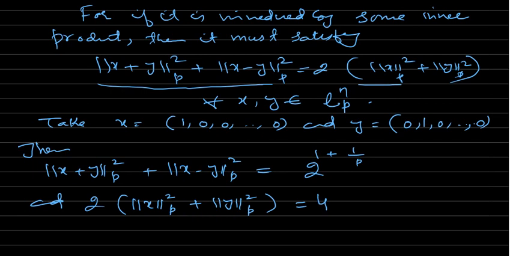You can see this is equal to 4. It should be here 2 by p, not 1 by p. You can verify it's 2 power 1 plus 2 by p, and for p equal to 2 these two are equal, but for p not equal to 2 these two are not equal. So clearly 2 power 1 plus 2 by p is not equal to 4 for p not equal to 2.